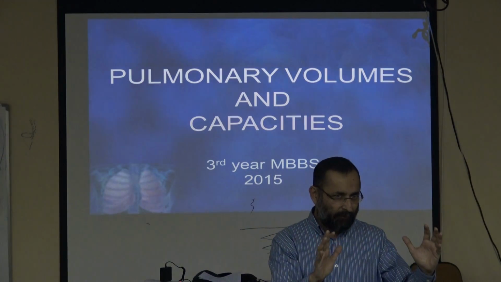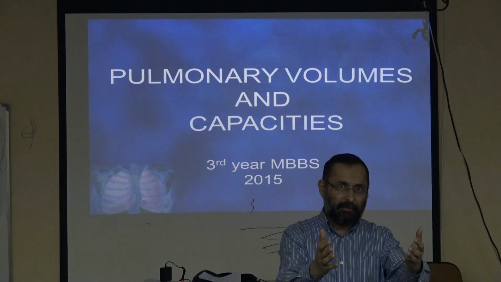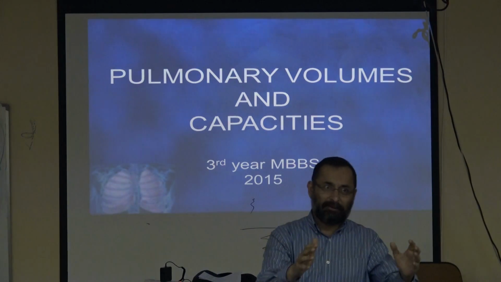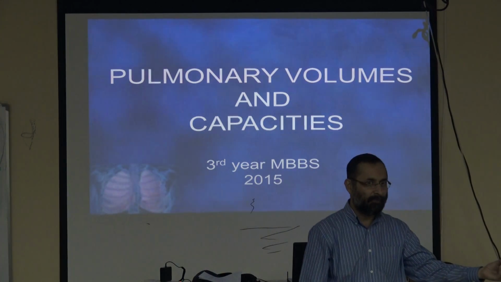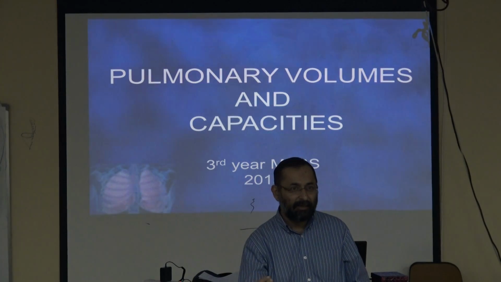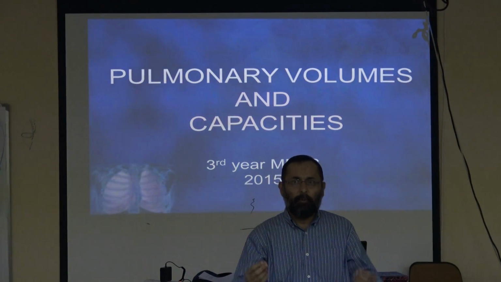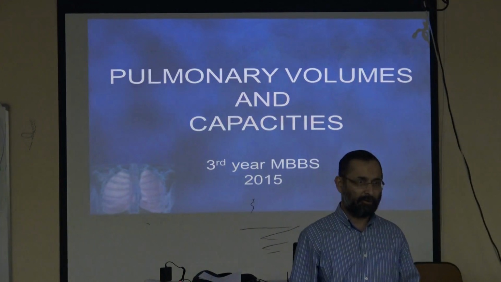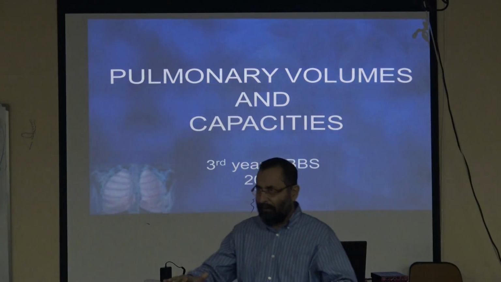One concept before we start. The 2 lung concept we talked about yesterday is that 2 lungs contain these volumes, not 1 lung. We are considering the whole system, but the question is, where are these volumes present in the lungs? Which anatomical areas? Now you match it with anatomy also, so that your concept is clear.